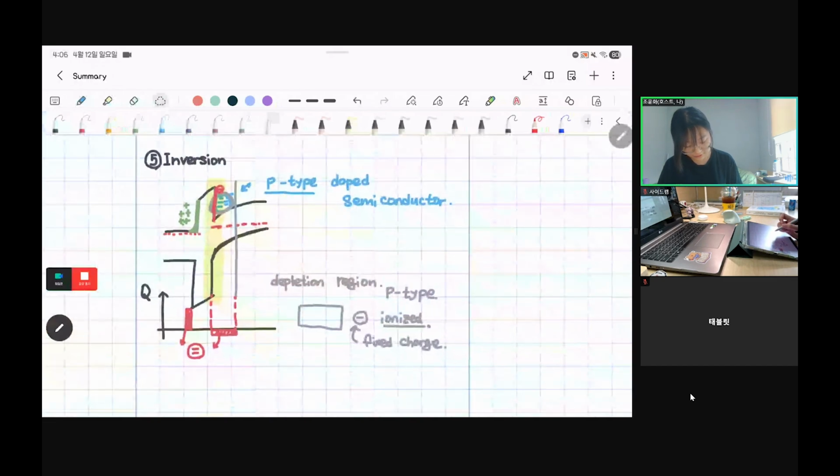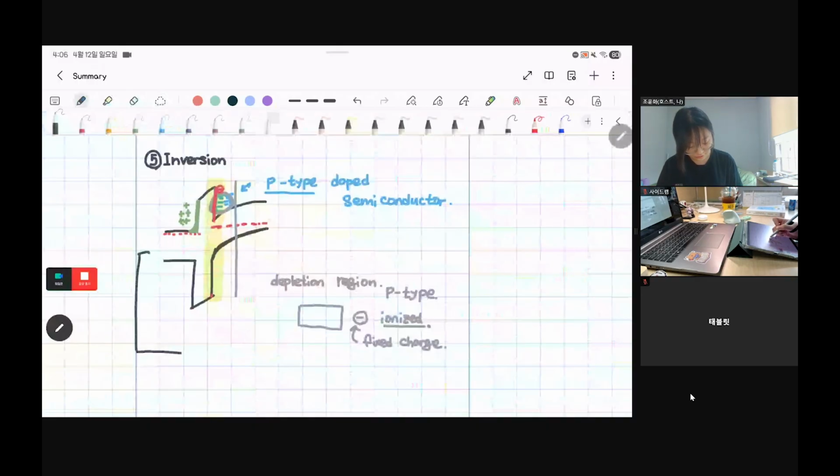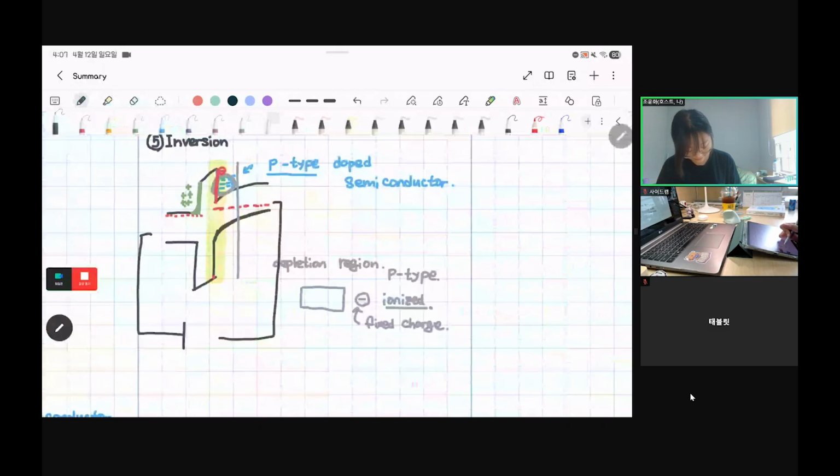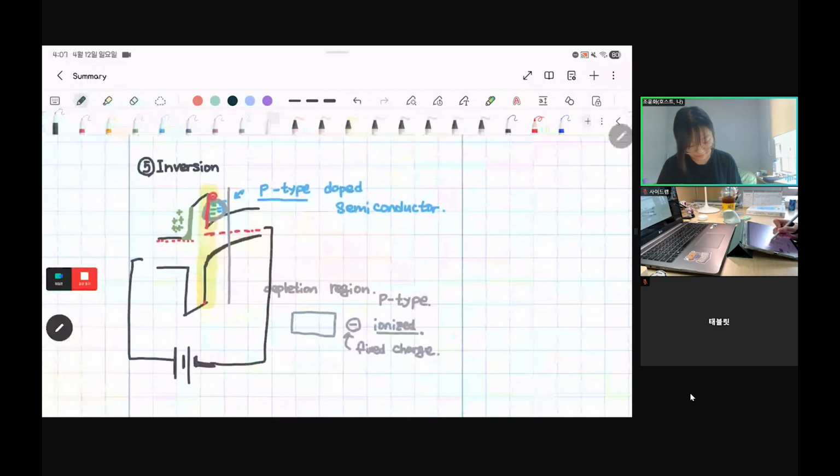Just before we drew the depletion state, but if we give too much bias to this device, the depletion width gets larger and larger.